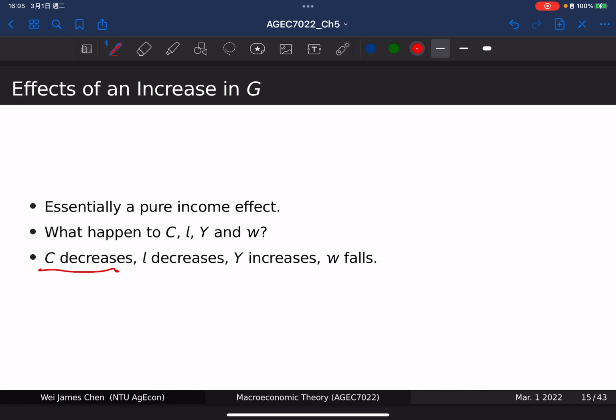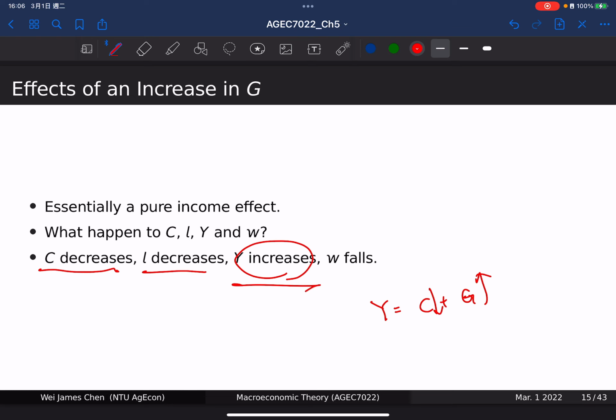This is a pure income effect. You are poor now, so C decreases and leisure decreases. But what happens to Y? Y equals C plus G. G increases, but C decreases. But I can tell you pretty surely that Y will increase.